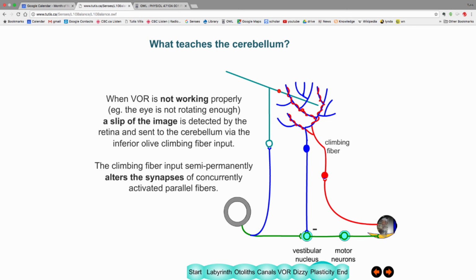And when the activity of the parallel fiber coincides with this error, the synapse here is changed. So it doesn't change every synapse of these many, many parallel fibers, just the one that coincides with the retinal slip.